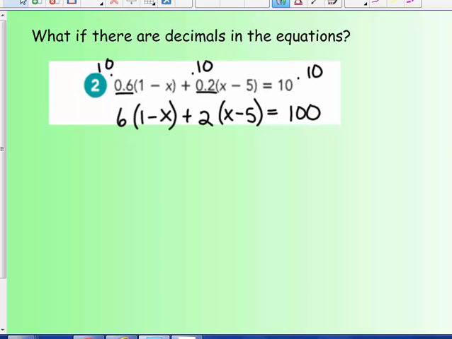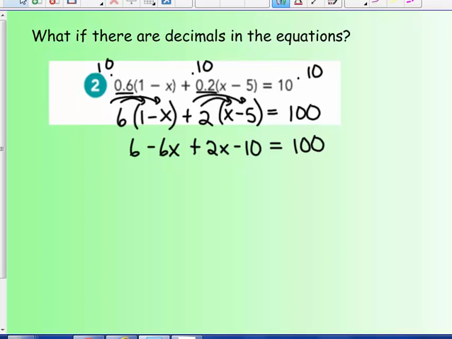Now I've got a double distributing problem. 6 times 1 is 6. 6 times negative x is negative 6x. 2 times x is 2x. 2 times negative 5 is negative 10, equaling 100. Negative 6x and positive 2x makes negative 4x. 6 combined with negative 10 is negative 4.